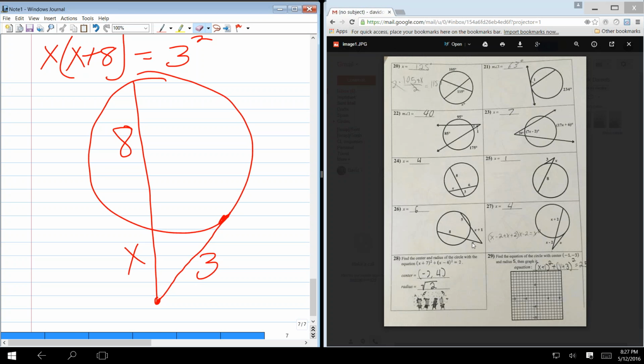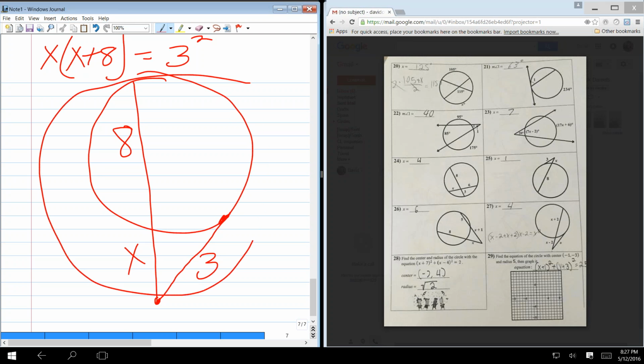The secant rule was x times 8 plus x equals x plus 1 times 5 plus x plus 1. Well, that's exactly what we're doing here. Taking x times the whole length, x plus 8, equals 3 times the whole length, which is 3.